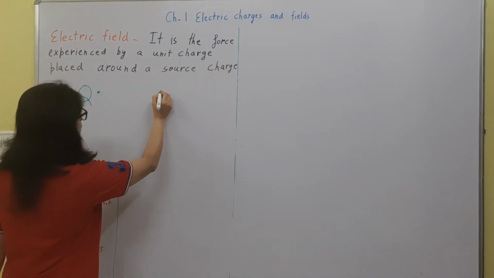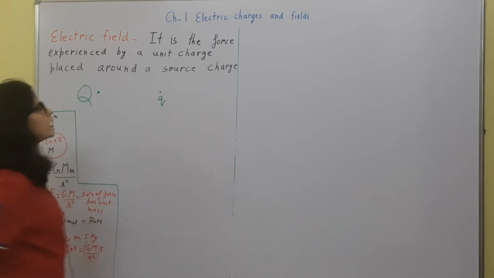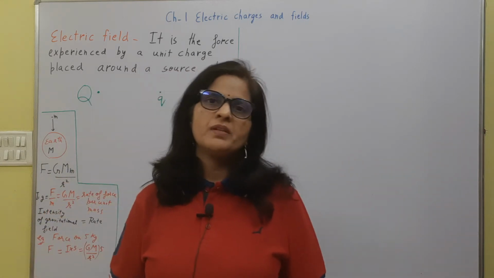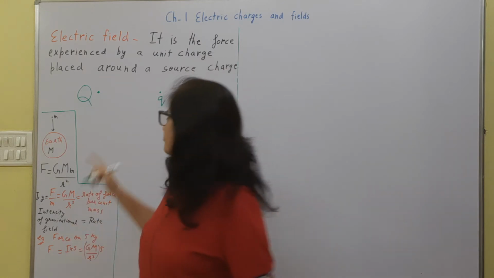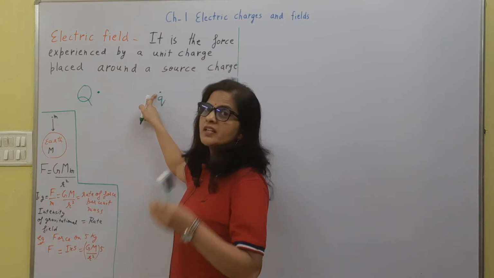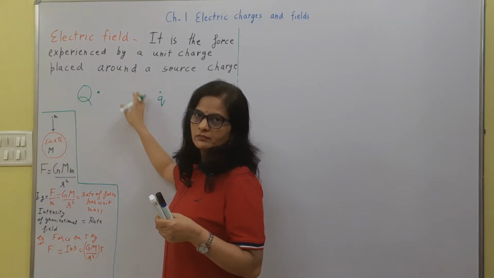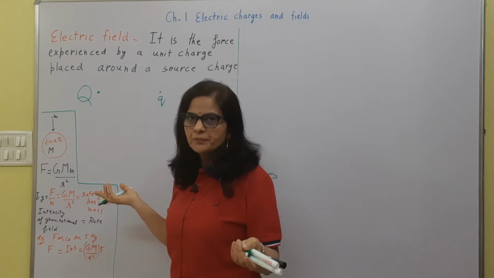I'll place that charge around it. If it experiences any attractive or repulsive force, that means the source is exerting some force on it. So the force experienced by this charge tells us that there is existence of the force around it. If it doesn't experience anything, there is nothing, right?